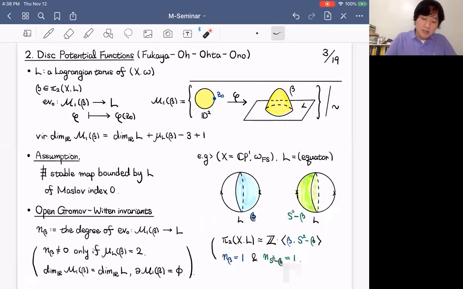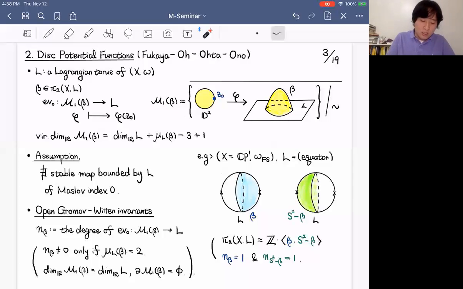Let's think about a symplectic manifold (X, omega) and a Lagrangian torus in it. To define a potential function, the most important ingredient is the disk counting, which is called open Gromov-Witten invariant. To define the open Gromov-Witten invariant, I need a moduli space of holomorphic disks.